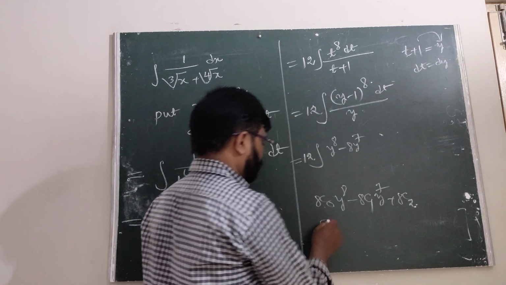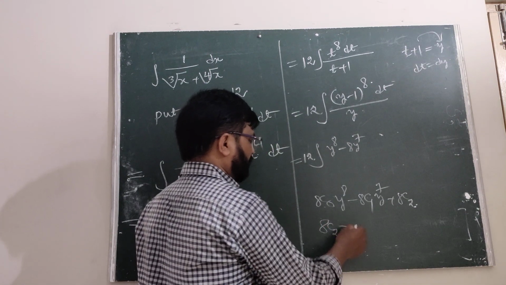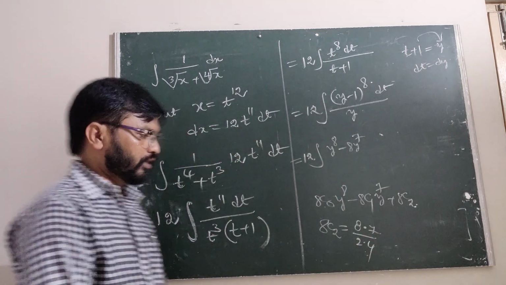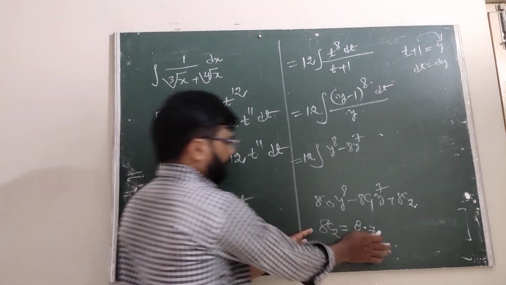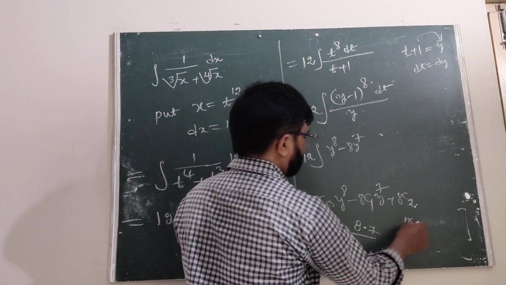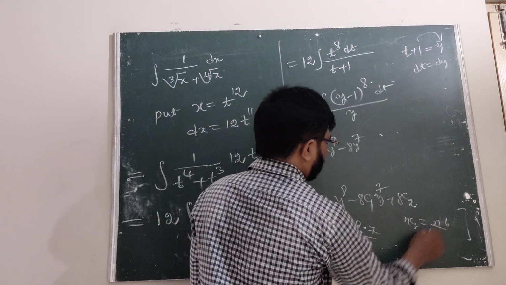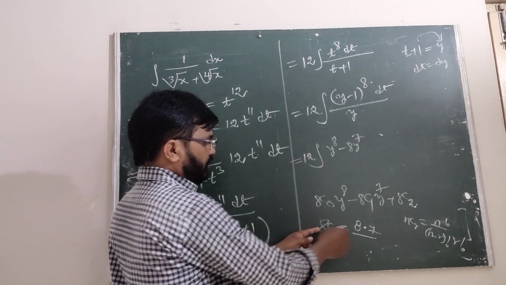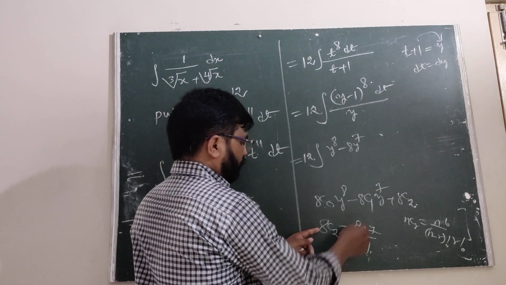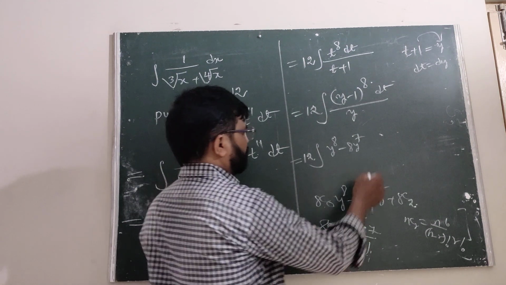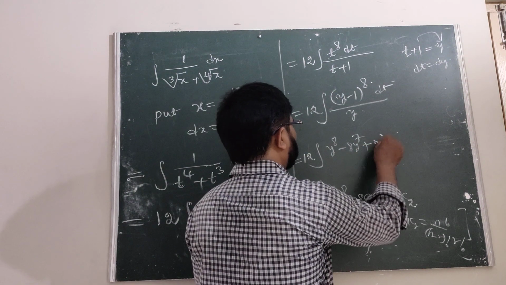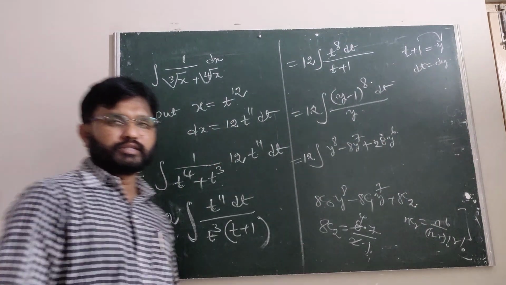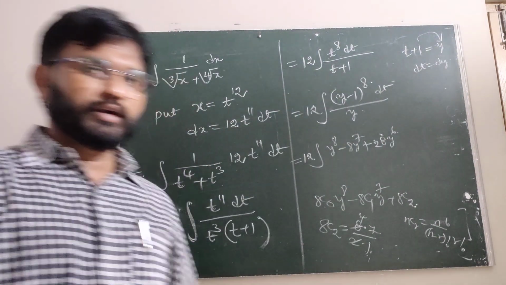After that 8c2 can be written as 8 into 7 by 2 into 1. What is the form of nCr? n factorial by n minus r factorial into r factorial. 8c2 is 8 into 7 by 2 into 1, 2 4s are 8, that is 28, y power 6. Okay, is it clear? 28.